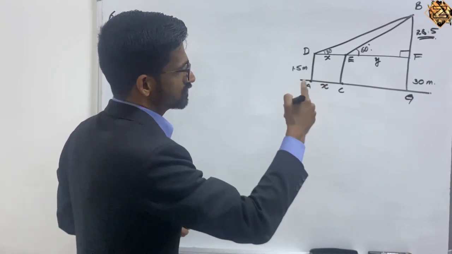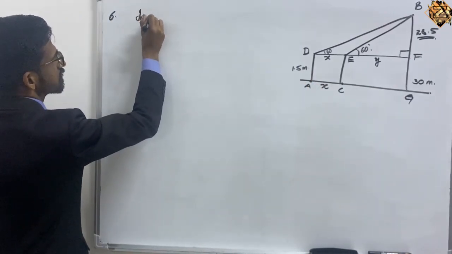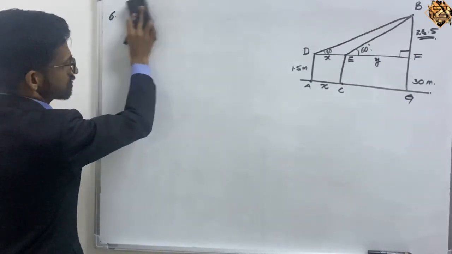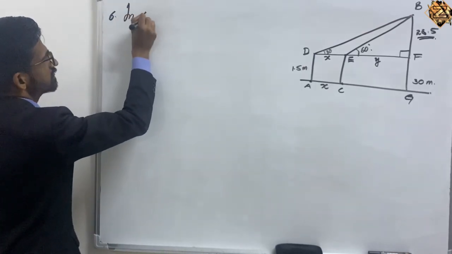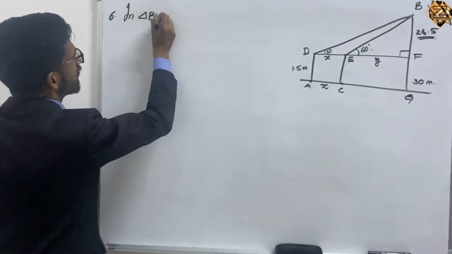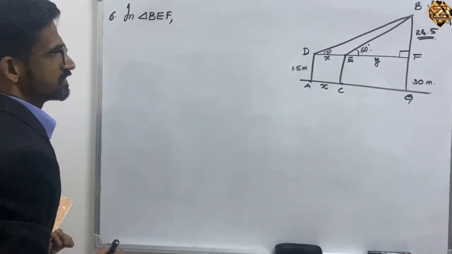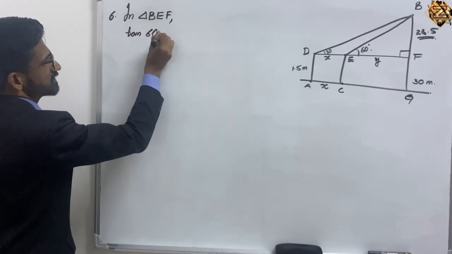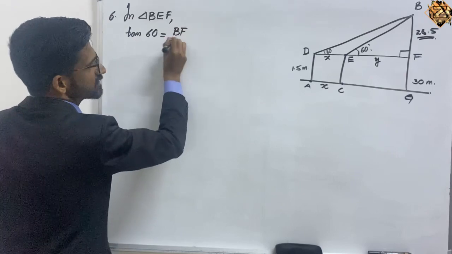We'll solve now. For the first triangle, we'll select triangle BEF. In triangle BEF, tan 60 equal to opposite, that is BF, by adjacent, that is EF.